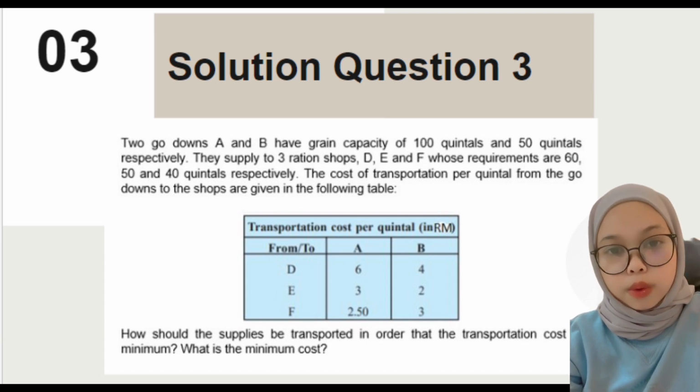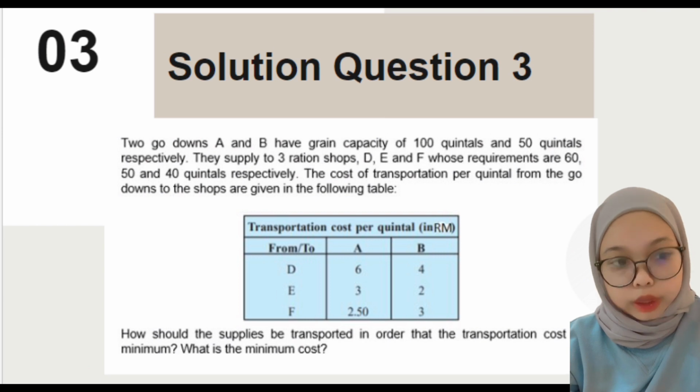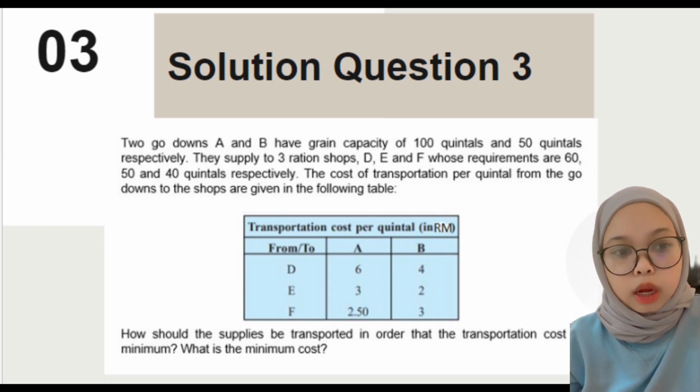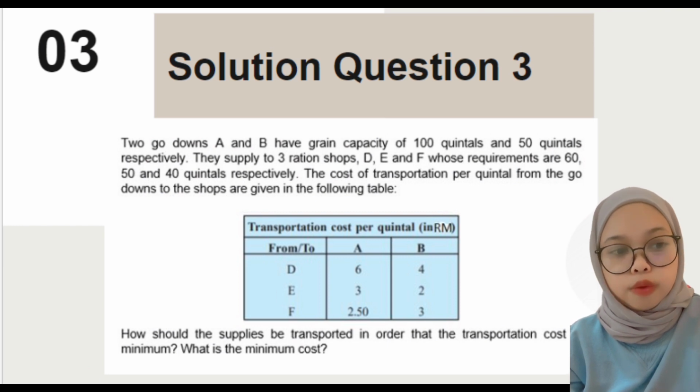So, I will answer the solution to question number 3. In the question, two godowns, A and B, have grain capacity of 100 quintals and 50 quintals respectively. They supply to 3 ration shops, which are D, E, and F, whose requirements are 60, 50, and 40 quintals respectively.